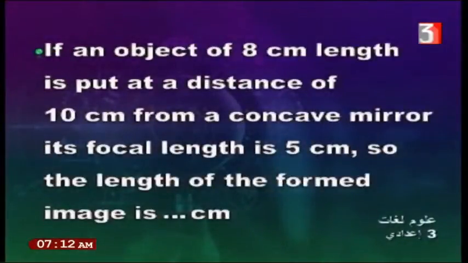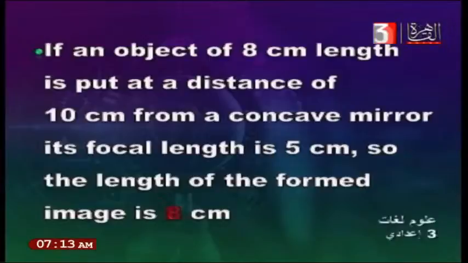If an object of 8 centimeters length is put at a distance of 10 centimeters from a concave mirror, and its focal length is 5 centimeters, the length of the formed image equals 8 centimeters.